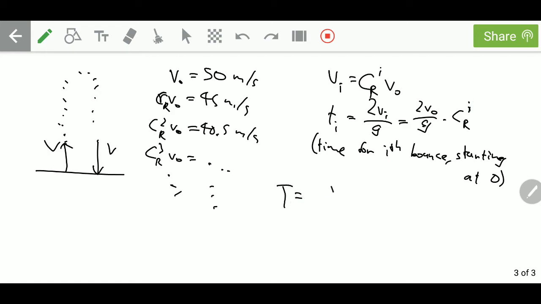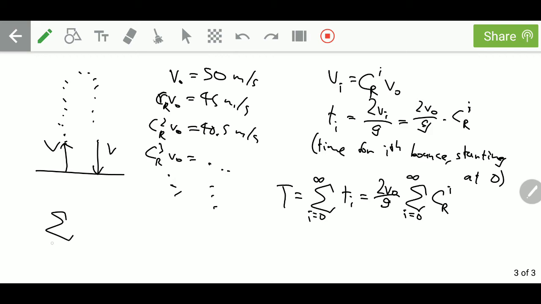and thus we see that the total time T is the summation from i equals 0 to infinity of t_i. And so 2v naught over g is the same for the entire motion. And then we get the summation from i equals 0 to infinity of C_r to the i. This is a well-known geometric series, and it's one that you should commit to heart.